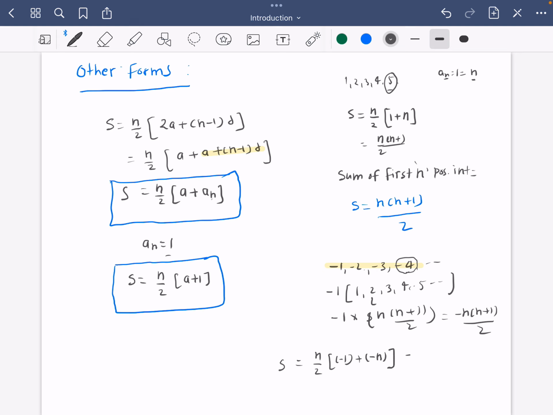So S is going to be -n times (1 plus n) over 2, the same thing that we derived above. So that's the sum of the first n negative integers.